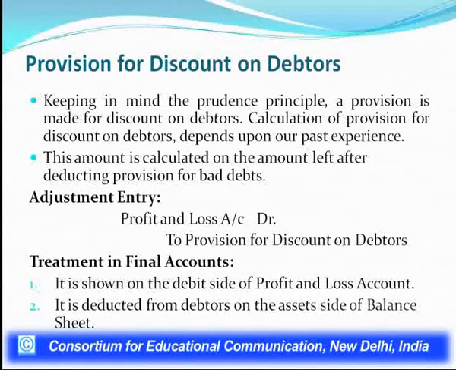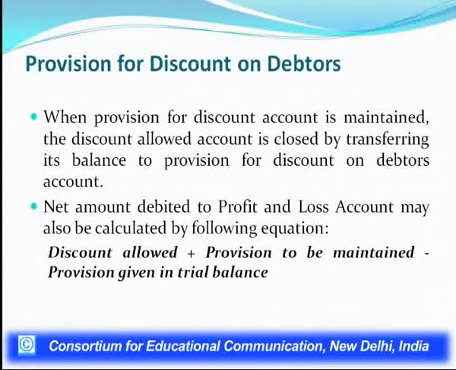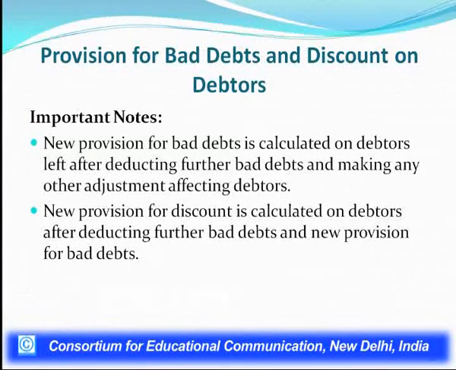Now some points are to be noticed, very important. What are the important points? The new provision for bad debts is calculated on debtors left after deducting further bad debts and making any other adjustments affecting debtors.